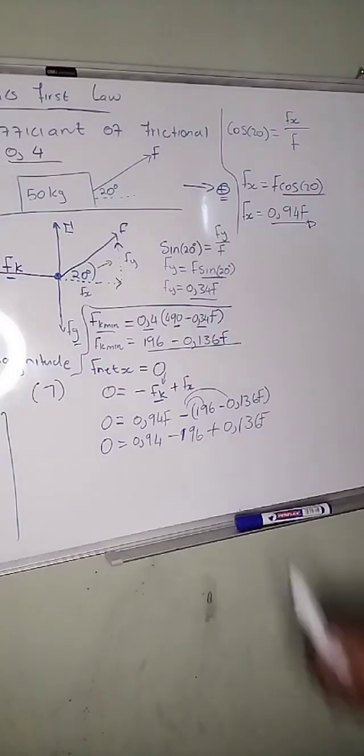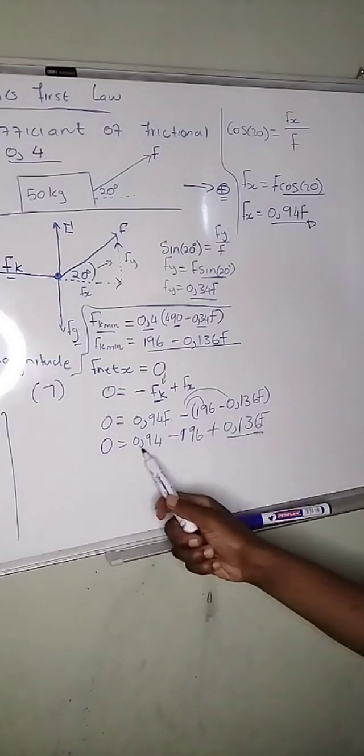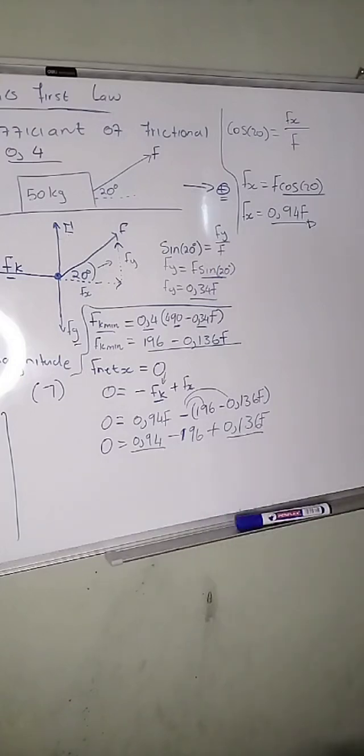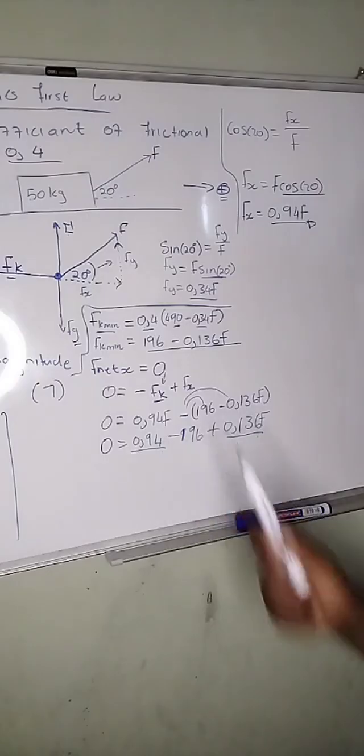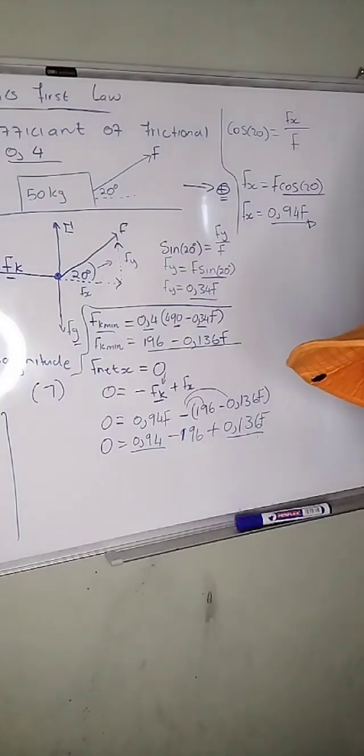I'm going to add this and that. What is it going to be if I add 0.136 and 0.94? Is it 1.076?